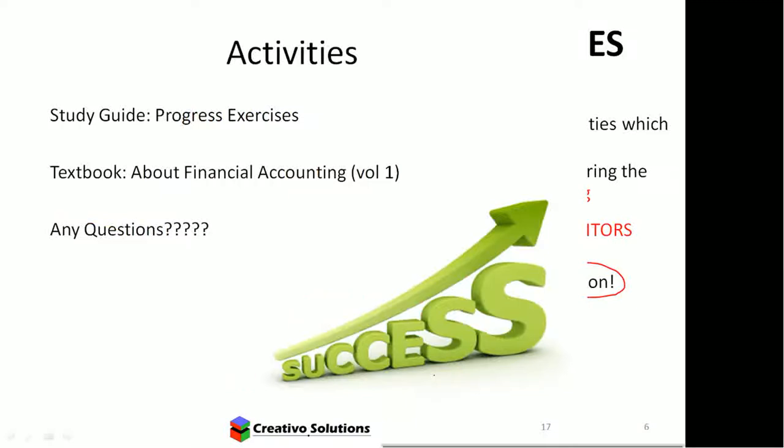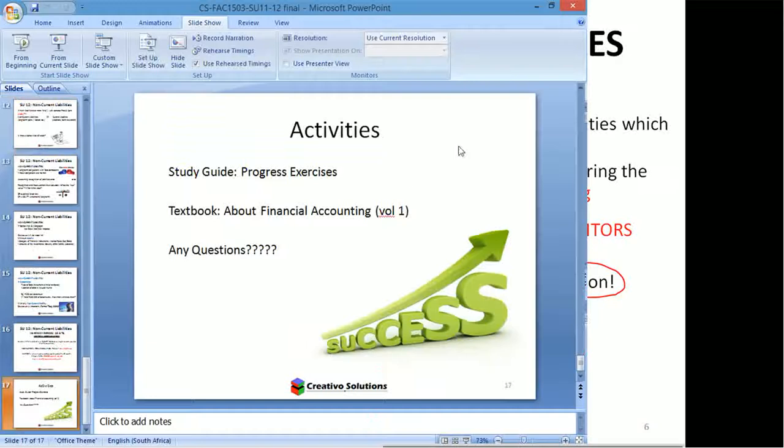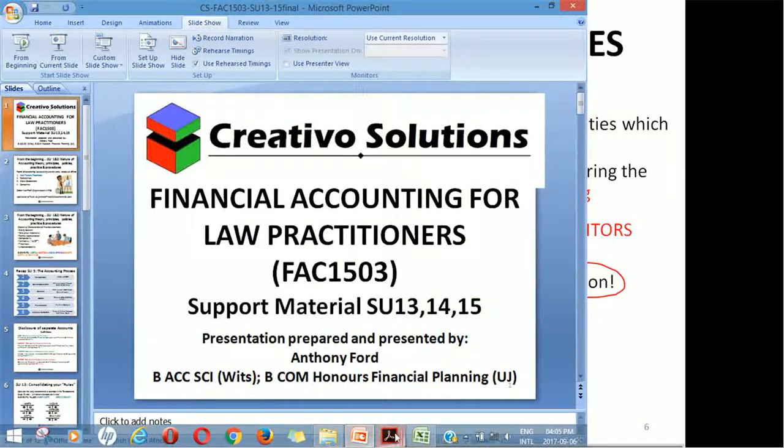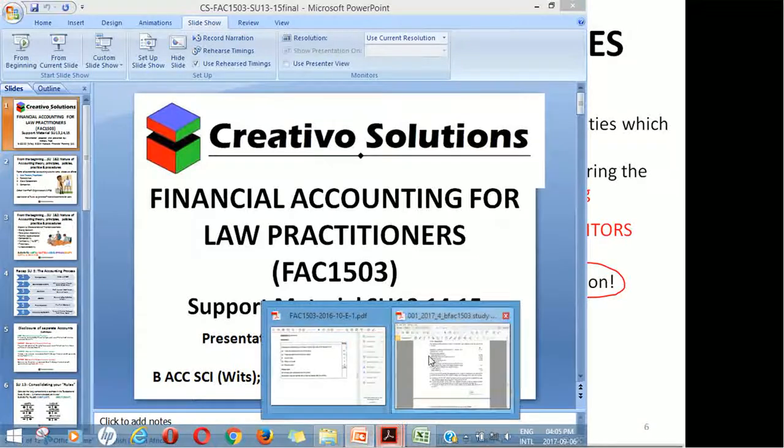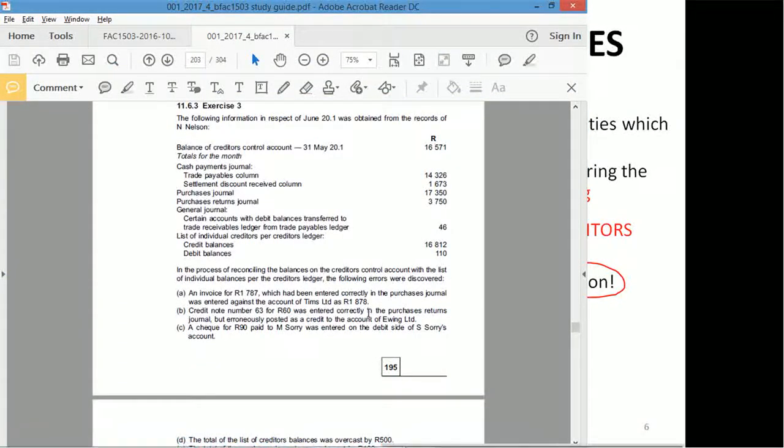So I'm going to go to your study guide just to show you what I mean by this. There's the study guide, exercise 3 on page 195.